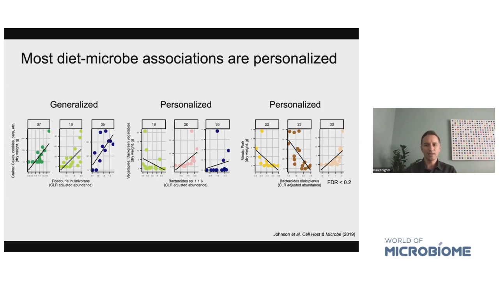And this again shows why if you did a cross-sectional study to associate diet with microbiome, you would never find these associations. You could have 10,000 people in your study and you would never find some of these associations because they're going up in some people and down in others, and they'd cancel out. So another benefit of longitudinal data.